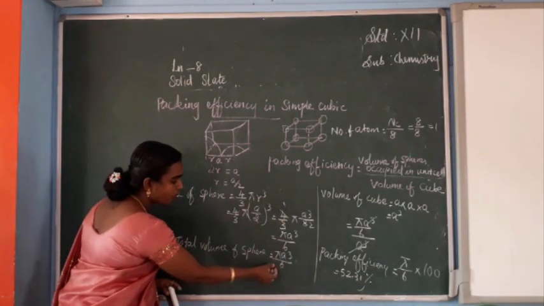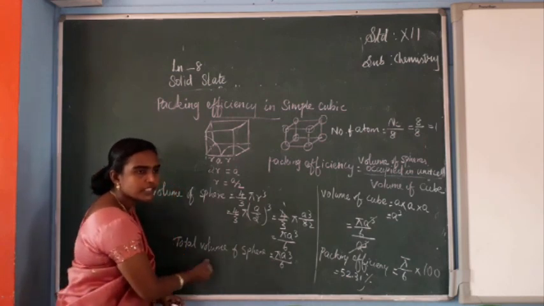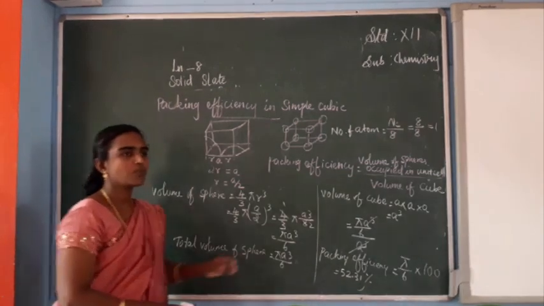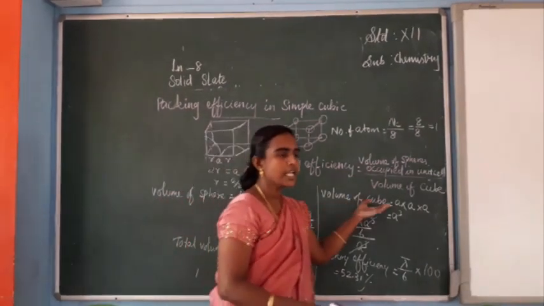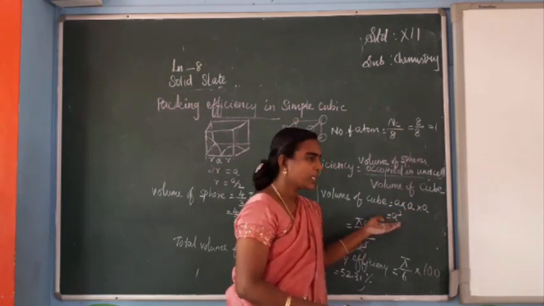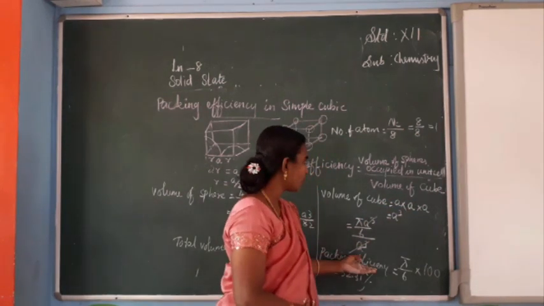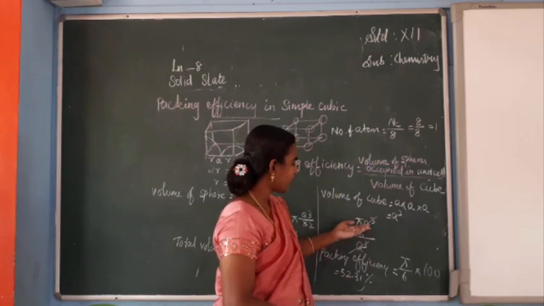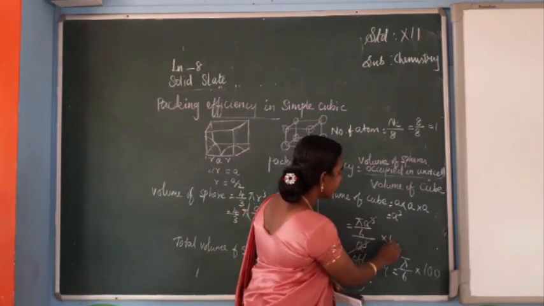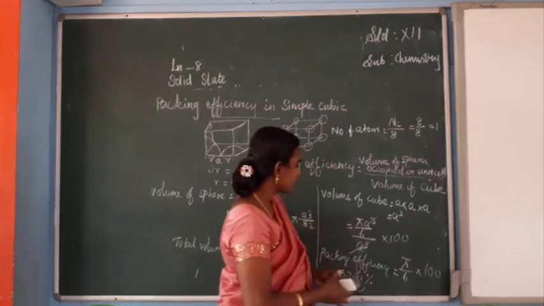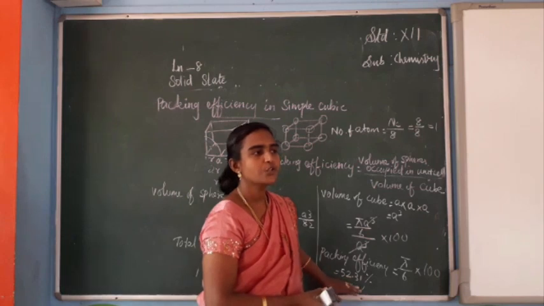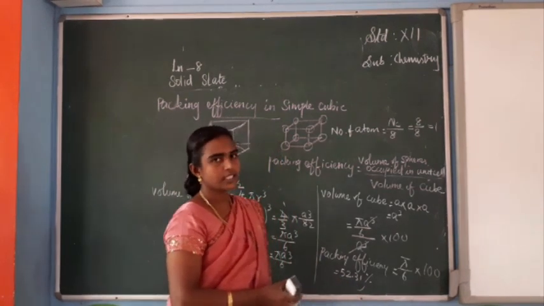Number of atoms is 1, so the total volume of the sphere is also pi A cube divided by 6. Next, the volume of the cube is A into A into A, that is A cube. Packing efficiency is pi A cube divided by 6 divided by A cube into 100. Using this formula, you get the efficiency as 52.31%. Is it clear, students?